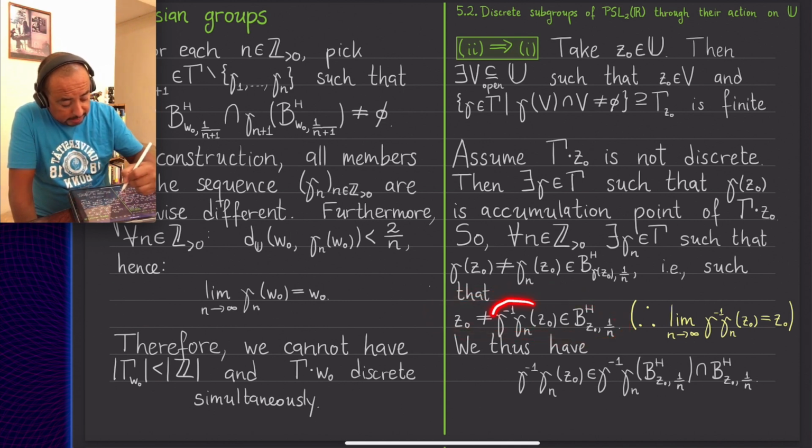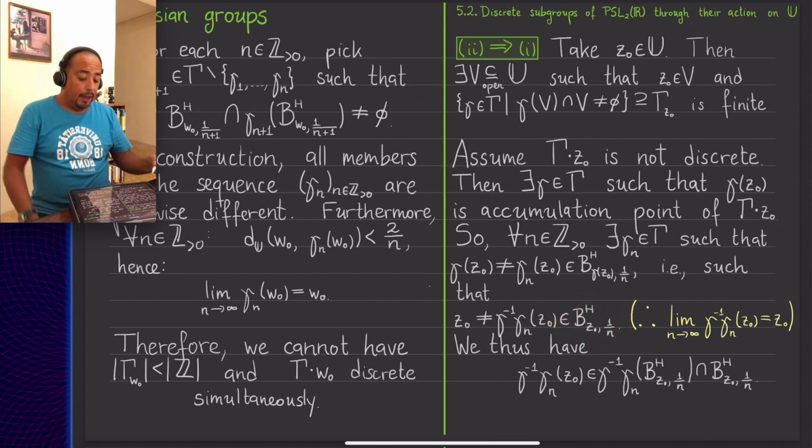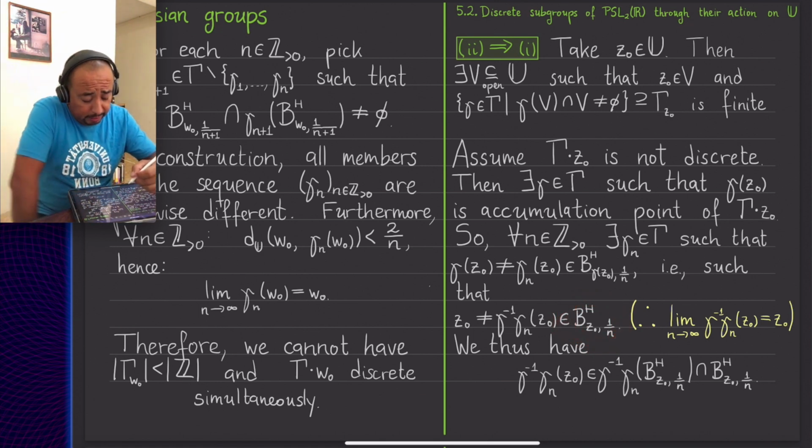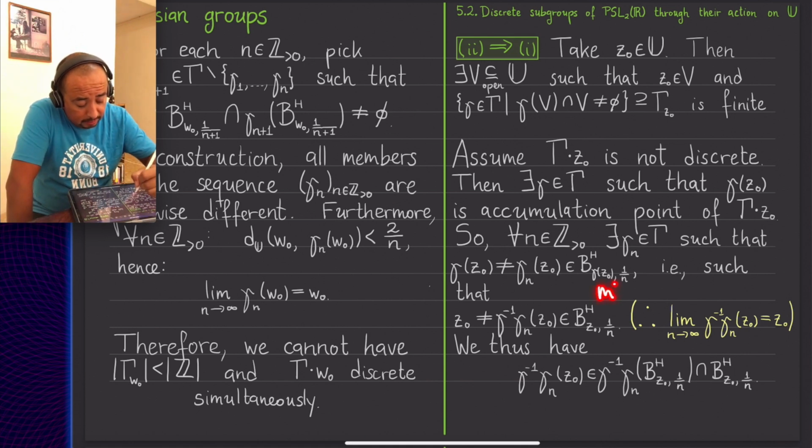So this is not Z naught, and belongs to this ball. In particular, since for m greater than n, the ball of radius 1 over m is contained in the ball of radius 1 over n.